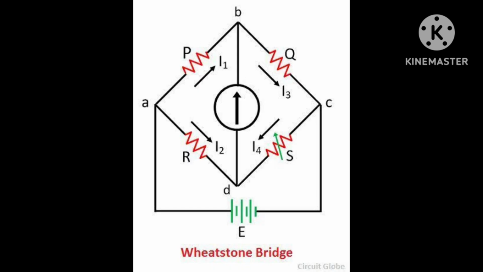Because now R is equal to 1 upon kappa into L upon A. Suppose in the beginning you know the kappa value for KCl, and you want to calculate L upon A, and you also know R from the experiment.